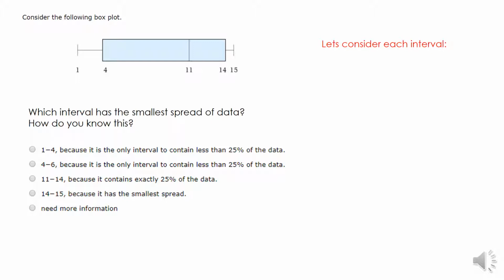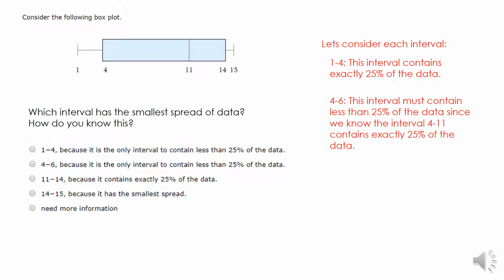We'll start with the interval 1 to 4. It contains exactly 25% of the data, since this is the minimum to the first quartile. Now the interval 4 to 6, since it is contained within the interval 4 to 11, must contain less than 25% of the data, for reasons similar to what we saw in the previous slide.